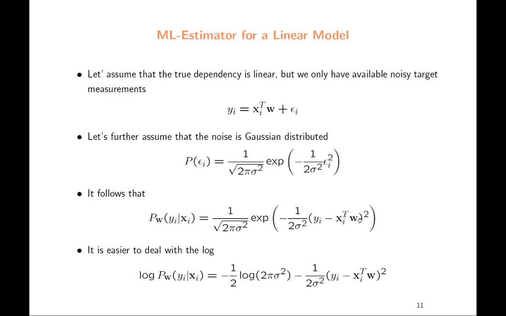We can then take the log of this expression, and we get the log of this factor in front. The square root can be written as the power of minus 1/2, so we end up with a minus 1/2 in front, and then the log of the argument, which is the log of 2 pi sigma squared. The log and the exponent cancel, so we end up with minus 1 over 2 sigma squared, and then the difference between the prediction and the actual measurement squared.